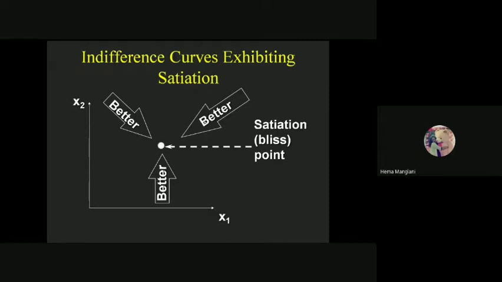You are just going with a better utility bundle. So from this to this to this, and once you reach here, you may change your utility again, because your better bundle may be in this direction or this direction. So you move around. Okay, so this way non-satiation is basically defined with the bliss point in the indifference curve.